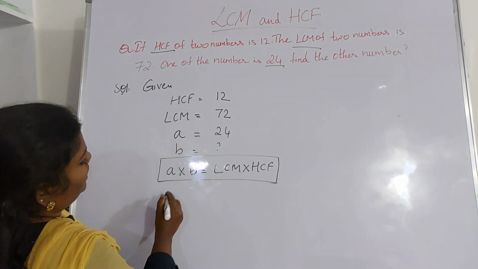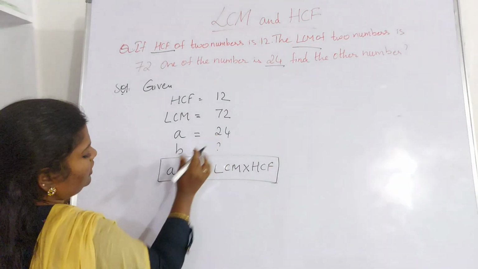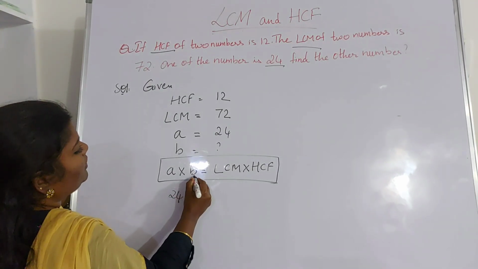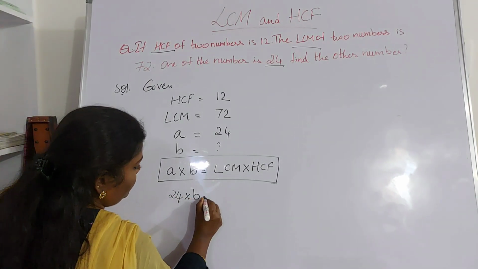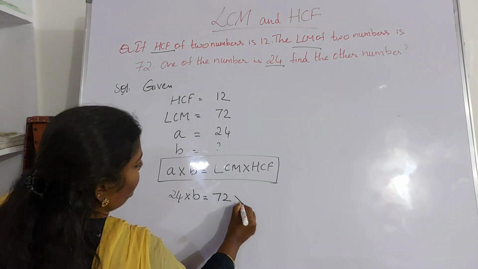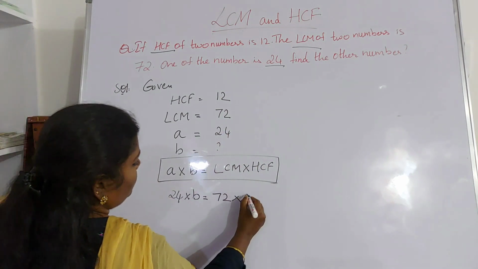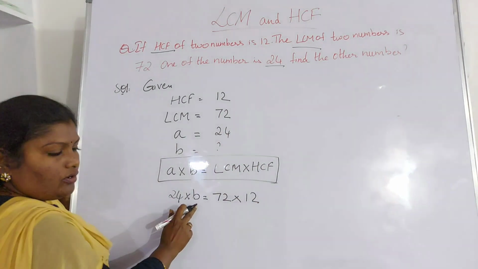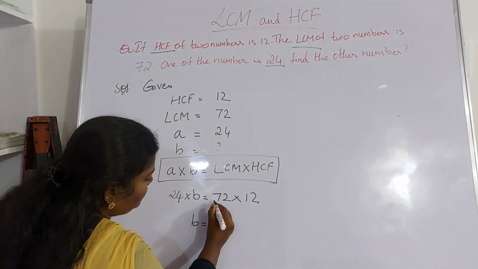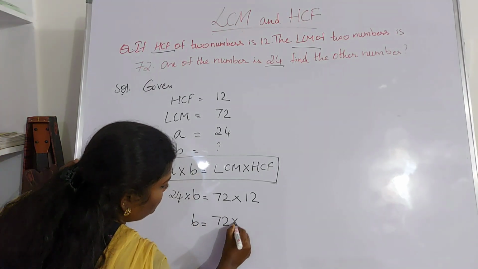A into B. What is A over here? It is 24 into B. B is not known, so write B as it is. LCM is 72 into HCF, which is 12. Now you need to find out the value of B. So B is equal to 72 into 12 over 24.